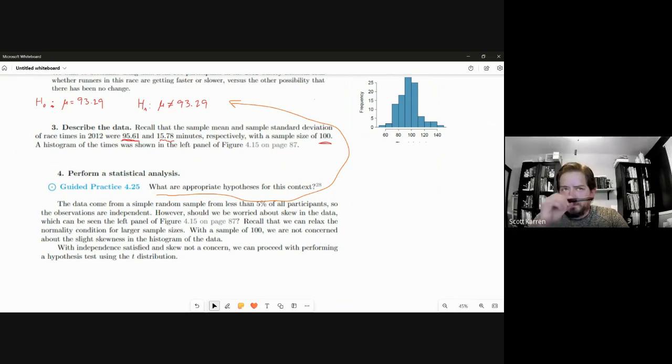And therefore, because we have 100, it's more than 30, we are not terribly concerned about the normality shape of this data. And that's what it says there. With independence satisfied and the skew not now a concern, we can proceed with performing a hypothesis test using the t-distribution. So let's do it.